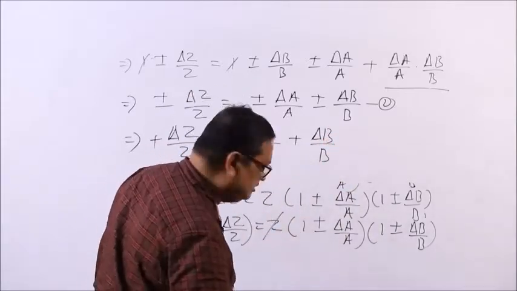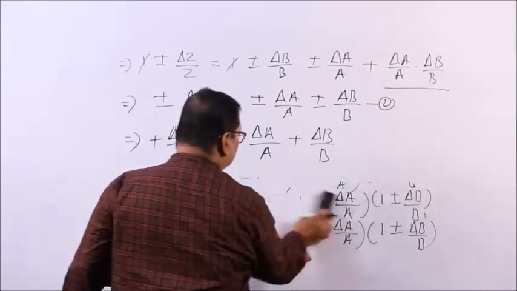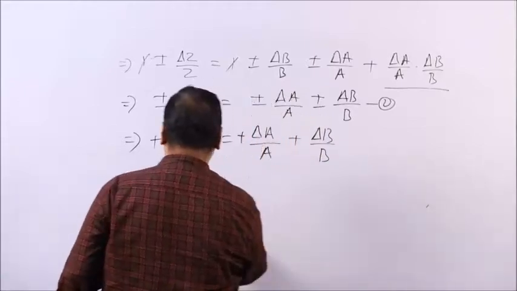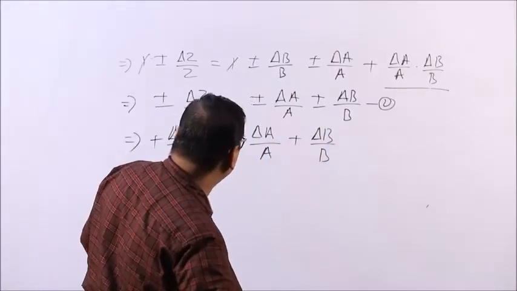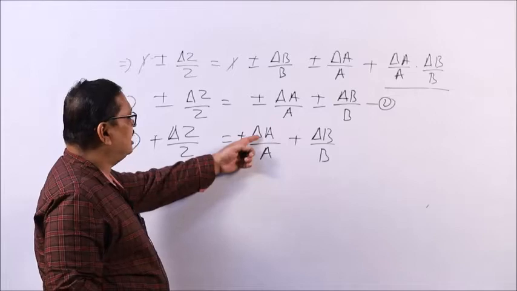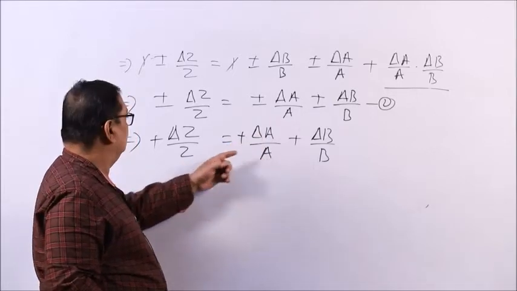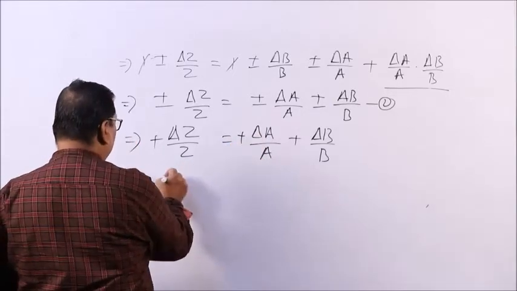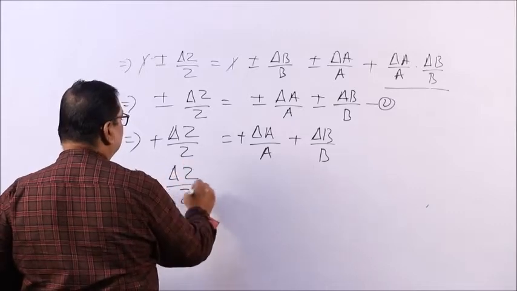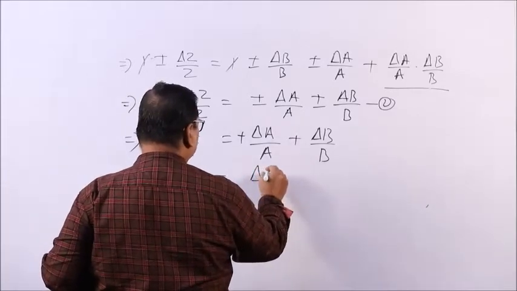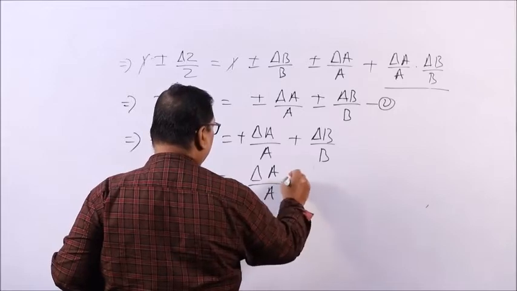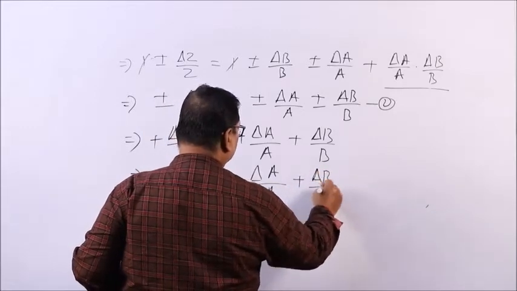So, finally, this is the relative error, because it is the ratio between absolute error and true value. So, finally, maximum relative error delta z by z equals delta a by a plus delta b by b.